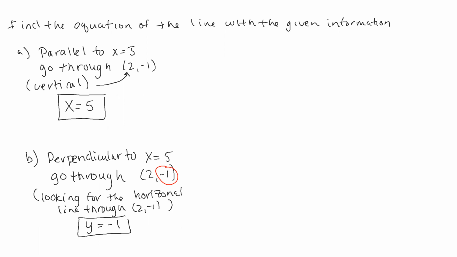Okay. Now we're going to repeat the process, but we're going to do horizontal to begin with. So I want to be parallel to y equals -3, and I want to go through the point 5, 4. Now, this is horizontal.